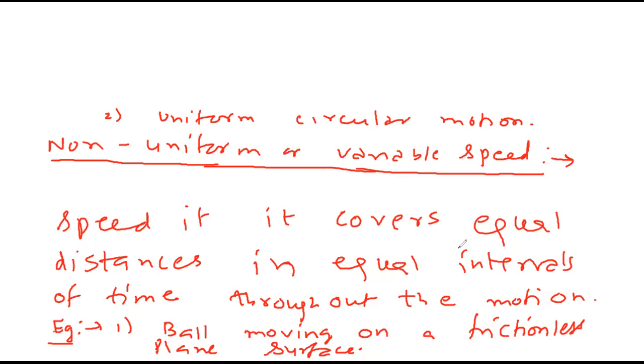If a body covers unequal distance in equal interval of time, then it is called non-uniform or variable speed. If the body covers equal distance in unequal time, then it is also called non-uniform or variable speed. Heading written, non-uniform or variable speed.